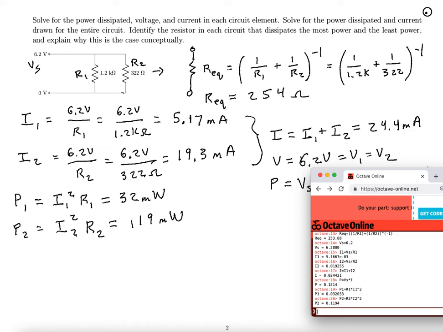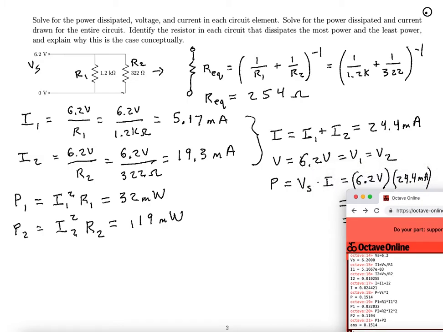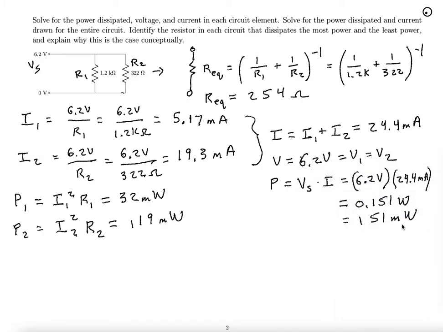And I'll use my calculator here to show you that if I take P1 plus P2, I get 151 milliwatts. That's the same as I calculated by using the equivalent resistor and the total current of the circuit.